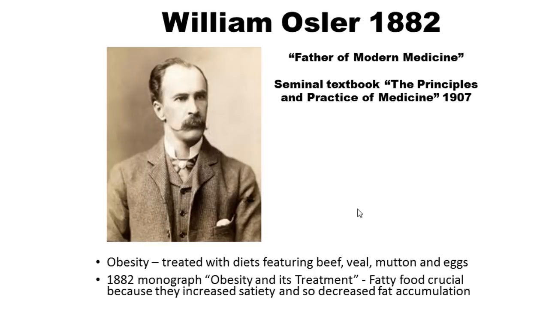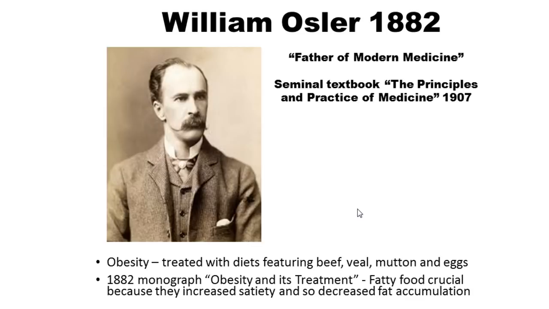Then you get to William Osler, who wrote a seminal textbook called The Principles and Practice of Medicine in 1907. And he's often called the father of modern medicine. He was a Canadian. And when you look at what he thought about obesity, he wrote a monograph on obesity. And what he said was that fatty foods are actually crucial because they increase satiety and decrease fat accumulation.